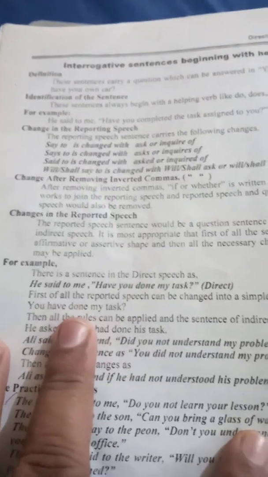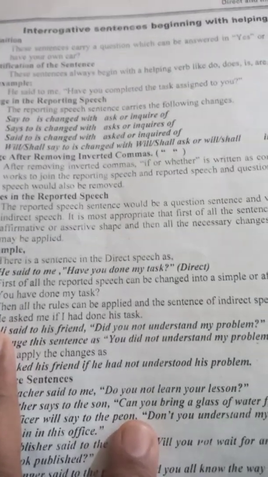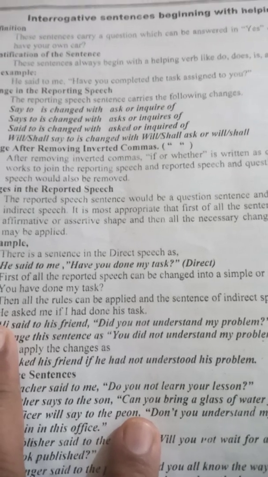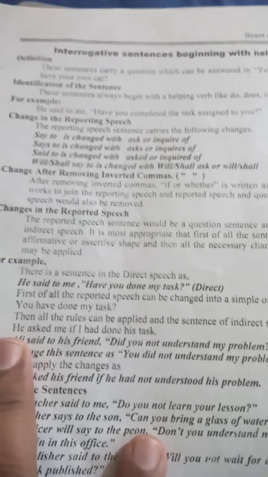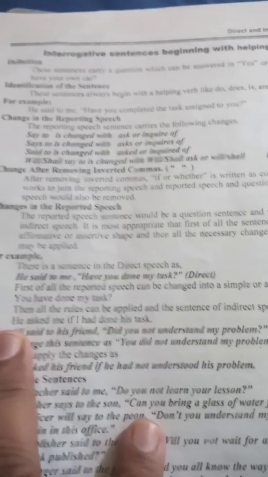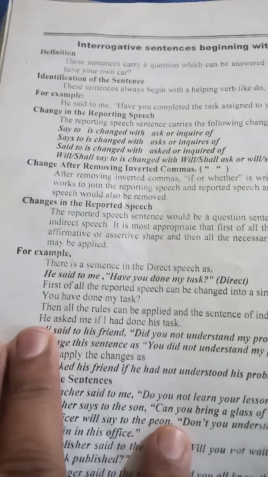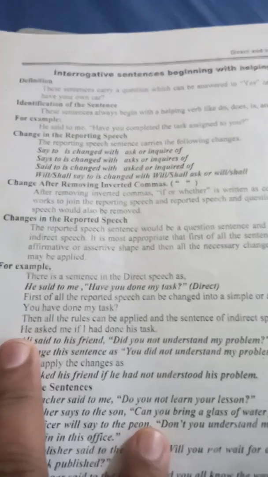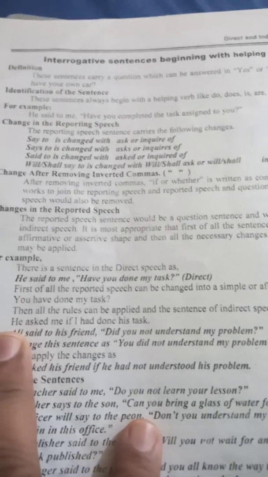On the other hand, if the reported part is starting with helping verbs like do, does, did, is, am, was, were, then after omitting the inverted commas, we will use if or whether in place of that. So this was the interrogative, questioning sentence.